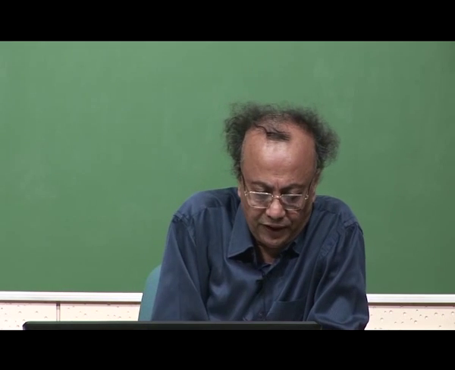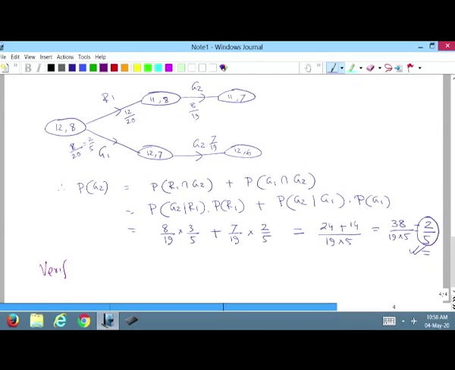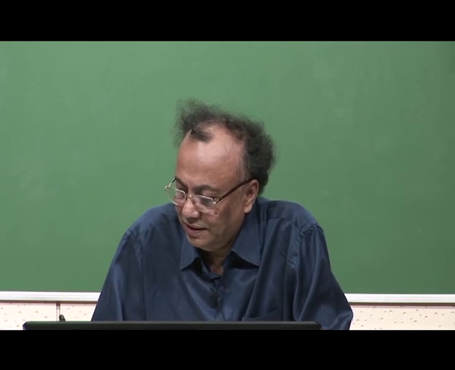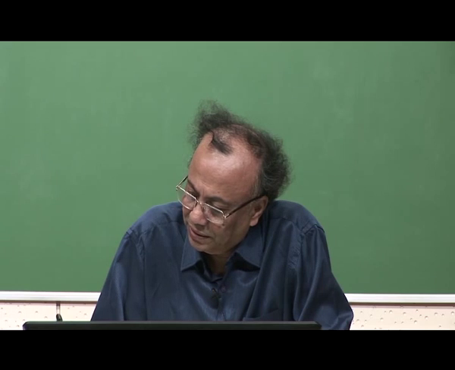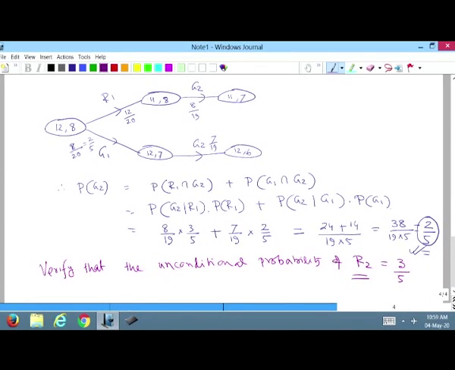I want you to verify that the unconditional probability of R2, that is the second ball drawn is red, and perhaps you can guess the answer is going to be 3 by 5.